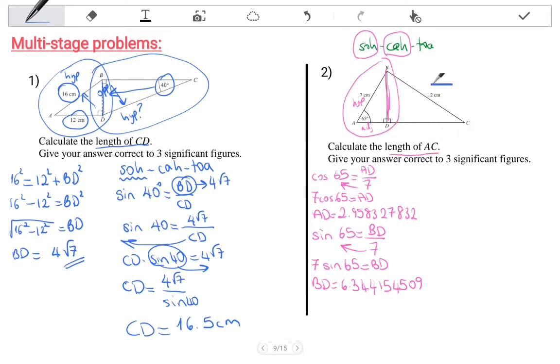So 12 is the hypotenuse, that's why I'm going to leave 12 on one side. 12 square equals BD square plus DC square. I want to reach the value of DC, so I would like to leave DC alone and move BD to the other side. Because it's a long number, I prefer to write BD instead of that long number in each step. I will use it at the end. Then I take the square root of this.